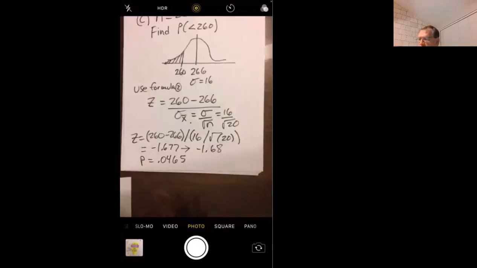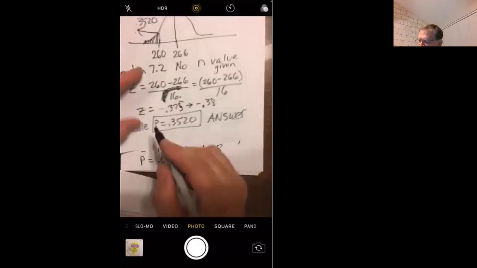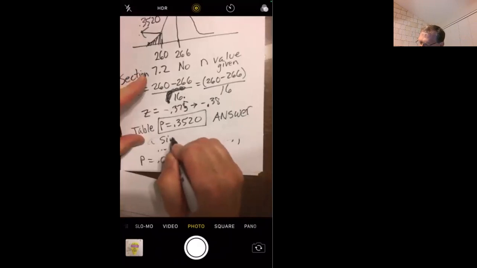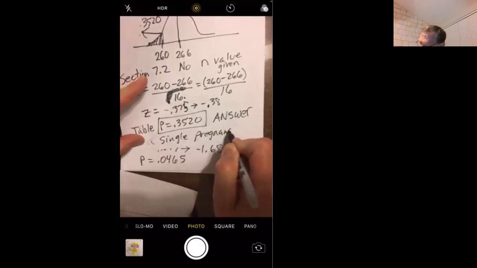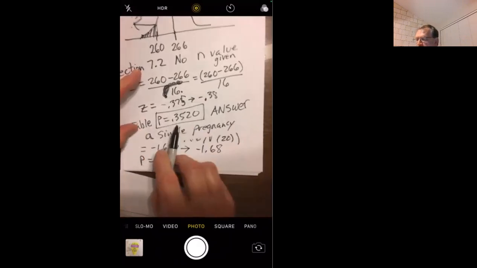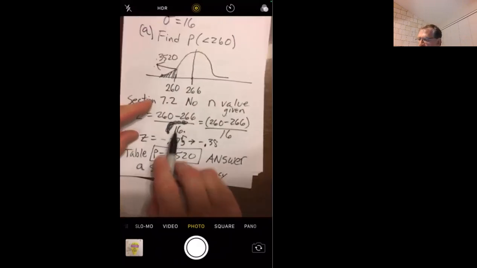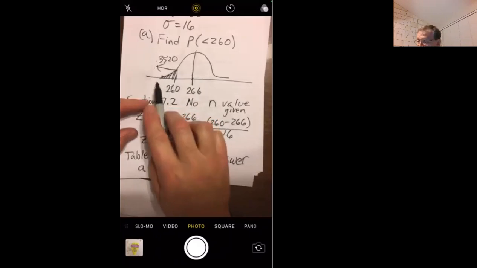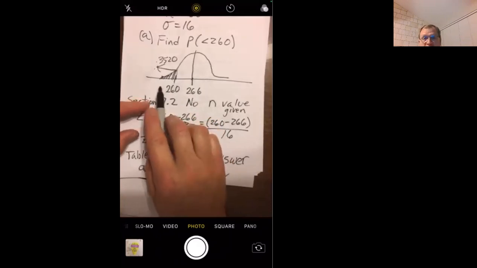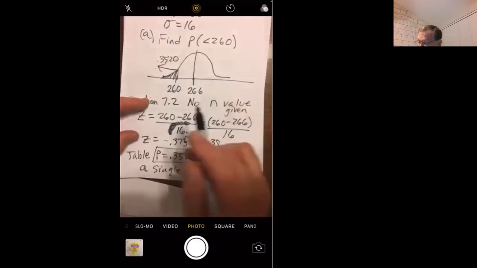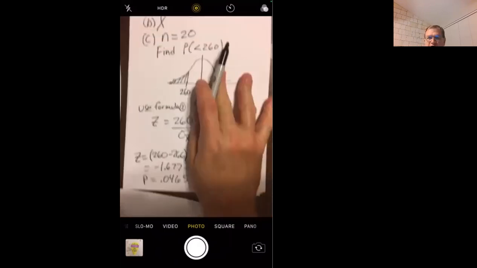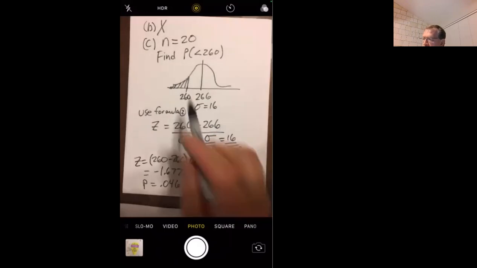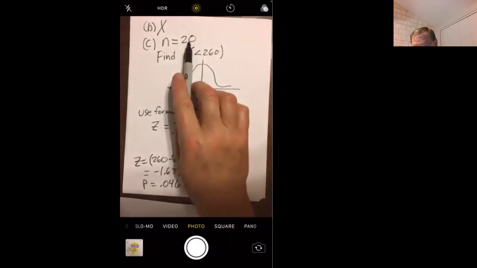It's the same identical question, but the difference is this is talking about a single pregnancy. 35% chance it'll be premature, if you want to call 260 or less premature, early. The second question asks the same question, but the difference is they want to know about the mean of a sample of 20.